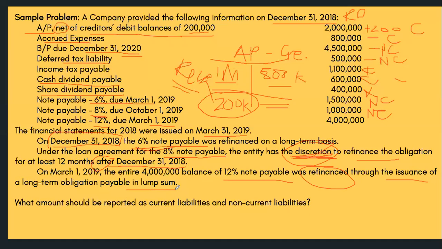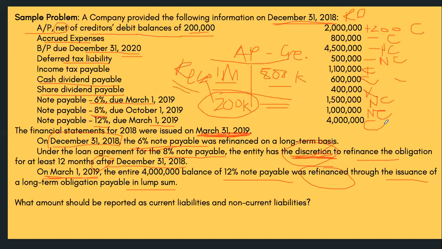We need to identify when it was refinanced: March 1, 2019. That is after the reporting period December 31, 2018, but before the date of issuance on March 31, 2019. Therefore, it is classified as a current liability.